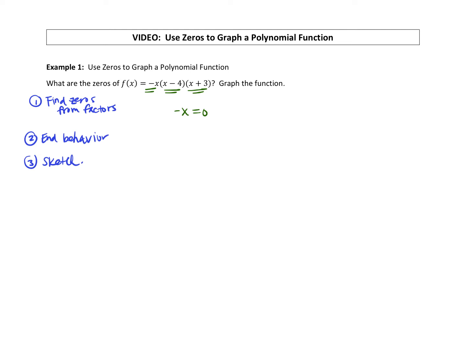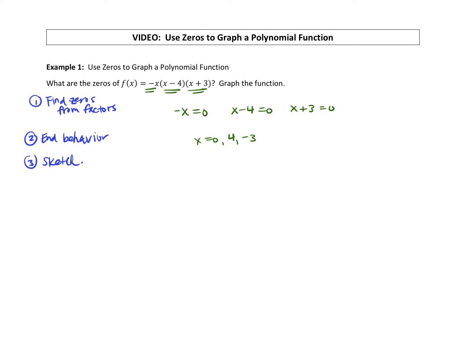This is using the zero product property that we've talked about before. We are going to get 3 zeros from this. Now, this first one you could divide by -1 and get just x equals 0. The second one, add 4 to both sides and you get a 4. And then the last one, subtract 3 and you get a -3.